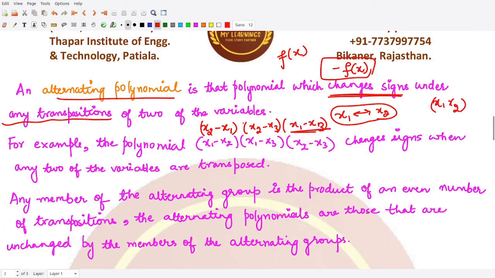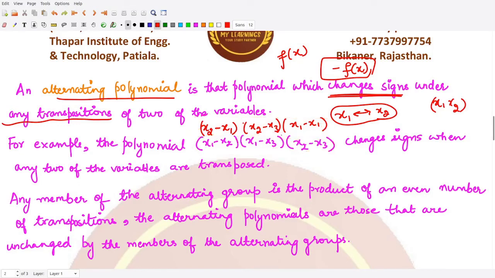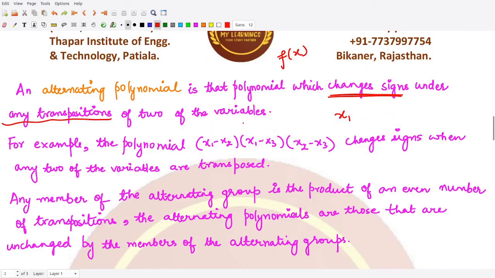If you notice, this term here is the same, and this term here is the same. However, these two terms are not the same. They would become the same when you have a negative sign outside, so that one becomes negative and the other positive, and now they represent the same polynomial, but we have a negative sign here. Therefore the polynomial changes sign when we interchange any two variables in it, right? So these are known as alternating polynomials.